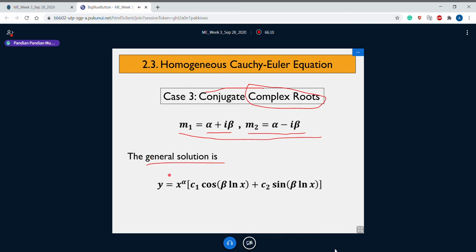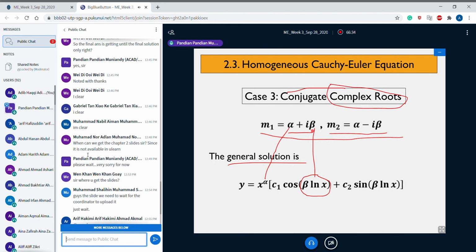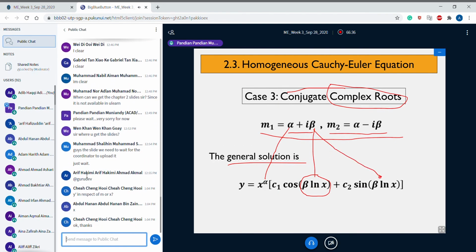So your general solution is y equals x to the power alpha, and in the bracket, C1 cos beta ln x plus C2 sine beta ln x. That's because these should be independent solutions. This beta, you put together with ln x.